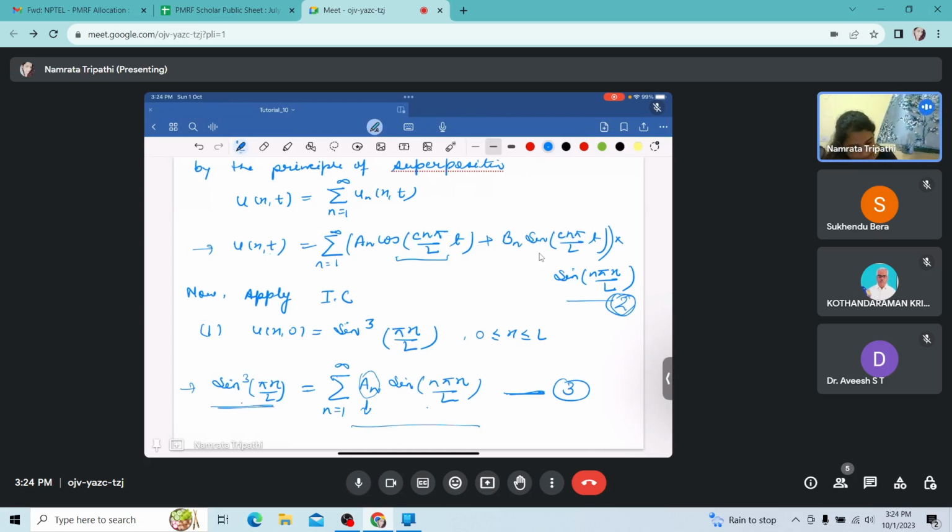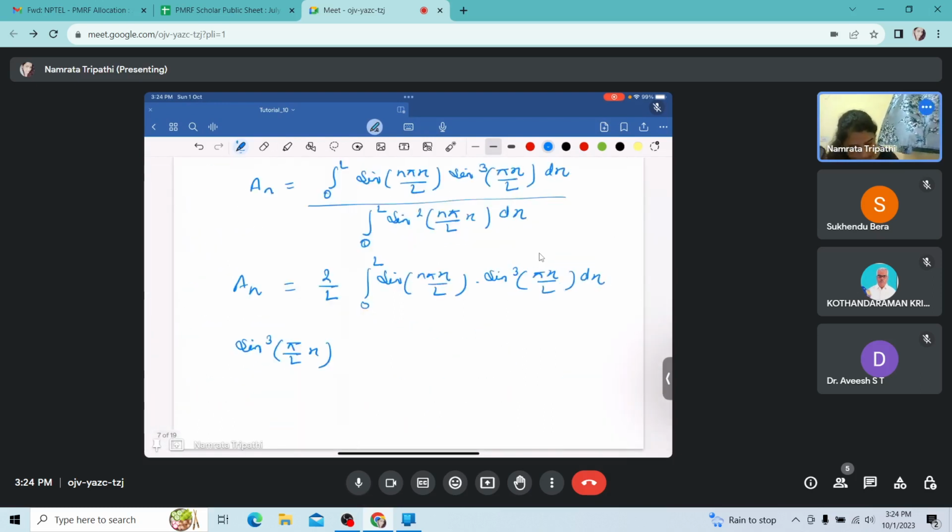We can make this in the form of sine of x and compare, and calculate the value of a_n.